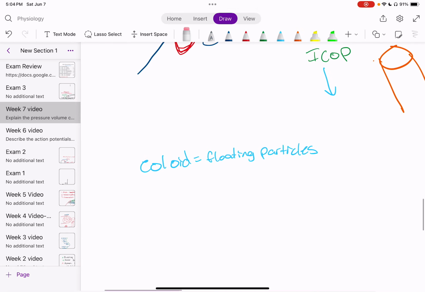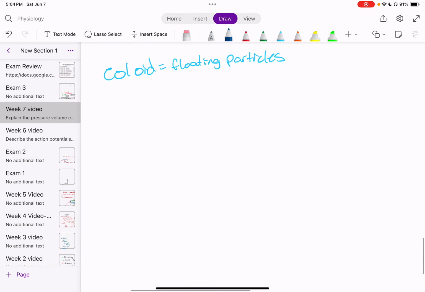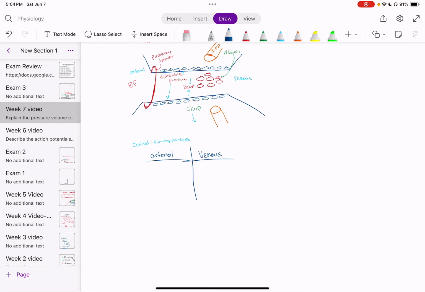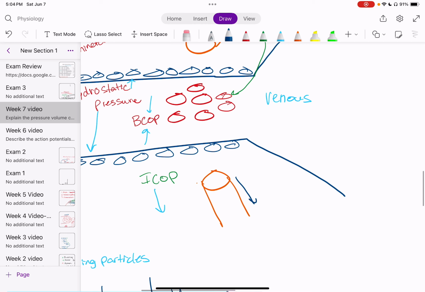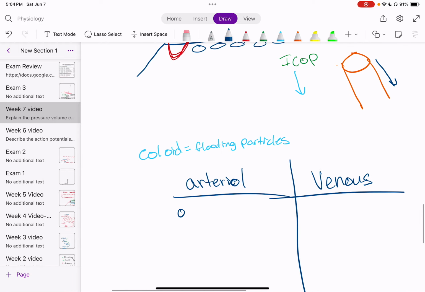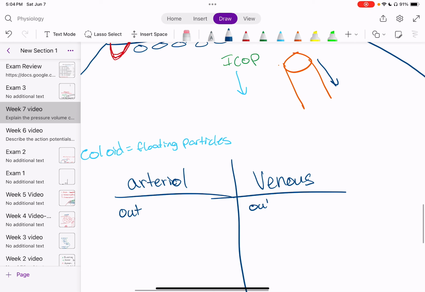And so we're going to look at these two sides, arterial versus our venous sides. What we like to do is refer to values going in and out. These lymphatic vessels are pulling it out, so we'll start there. Out. And this is fluid pressure, and this is very low.